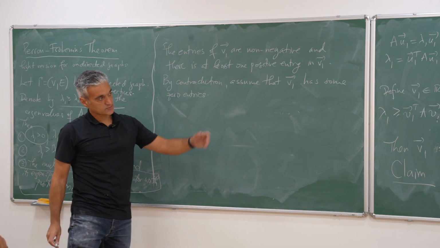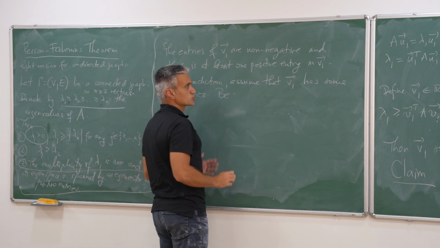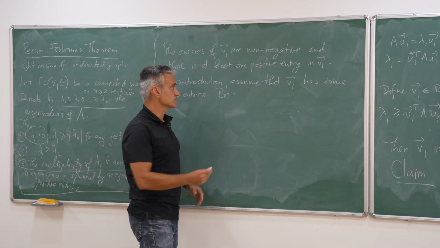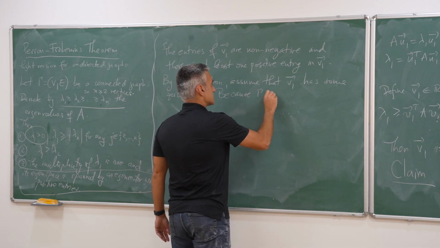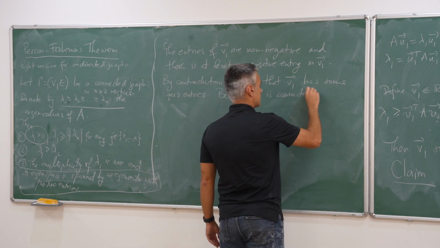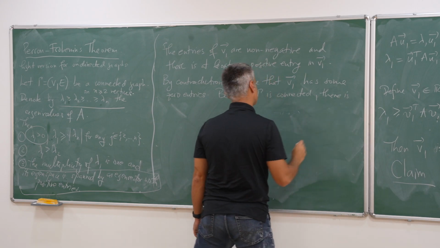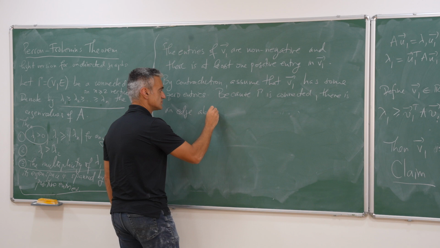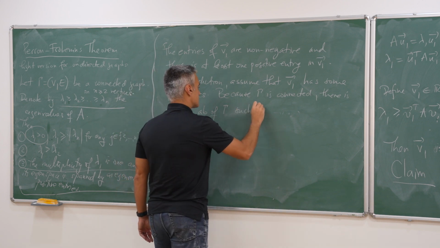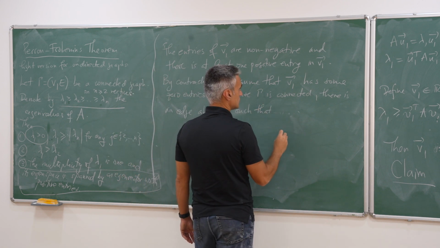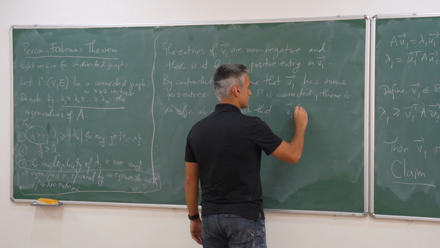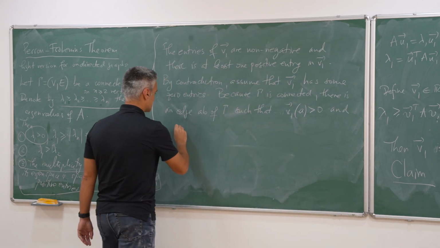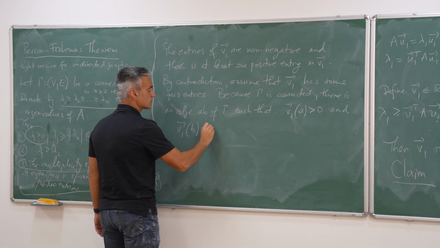Okay? And now, because of connectivity, because so far we haven't used connectivity anywhere. There hasn't been anything about connectivity. It was just about symmetric matrices. Because gamma is connected, there is an edge, let me call it AB of gamma, such that V1 of A is positive and V1 of B is 0.